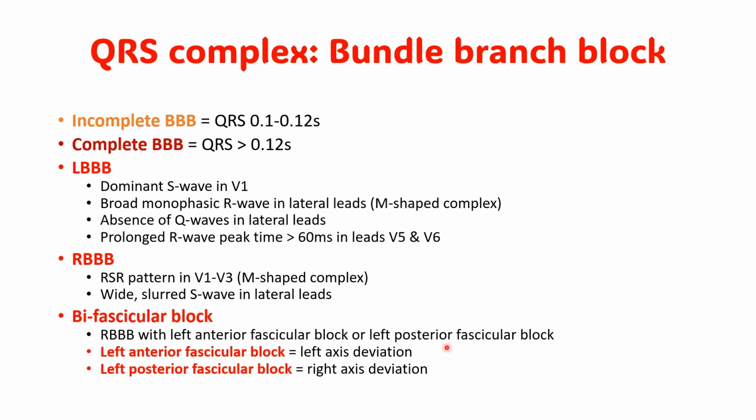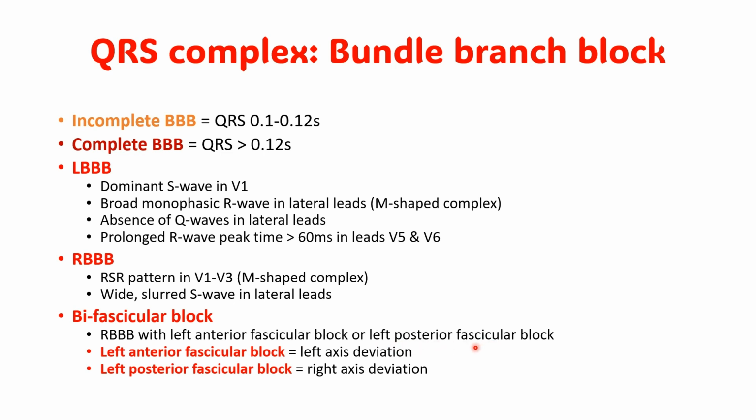Okay, and when we have left anterior fascicular block, there's going to be the presence of left axis deviation. When we have left posterior fascicular block, we're going to have some right axis deviation. Okay, so remember our bifascicular block is right bundle branch block with left anterior or left posterior fascicular block.